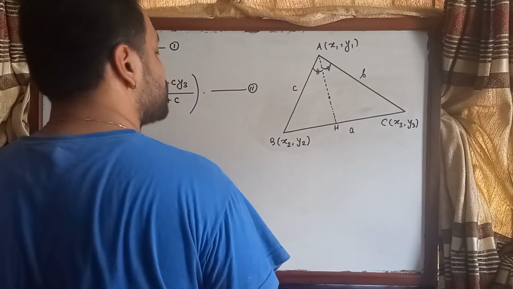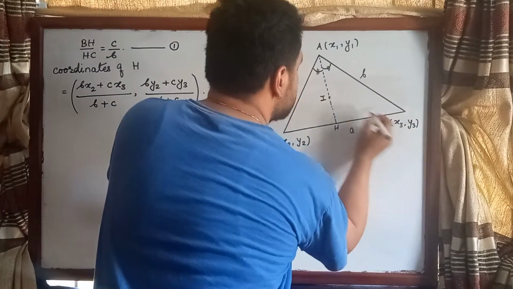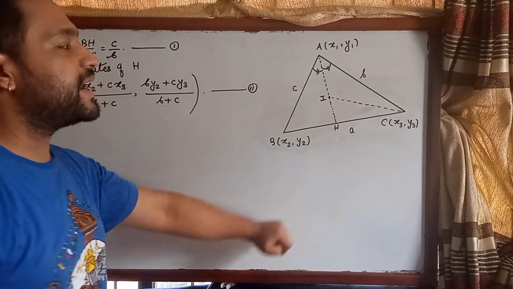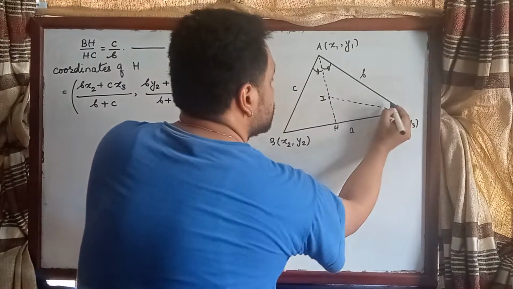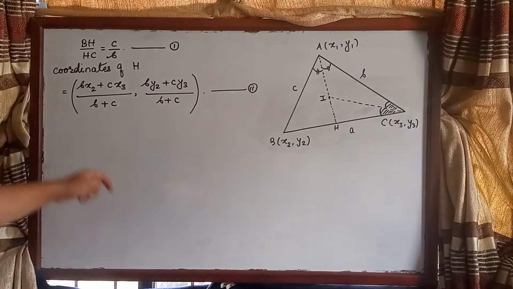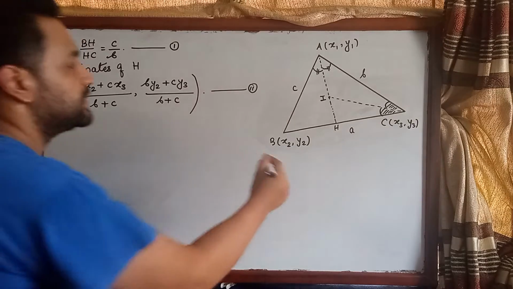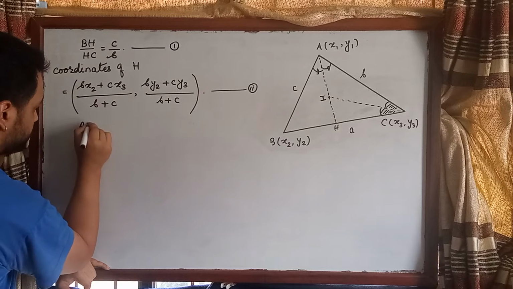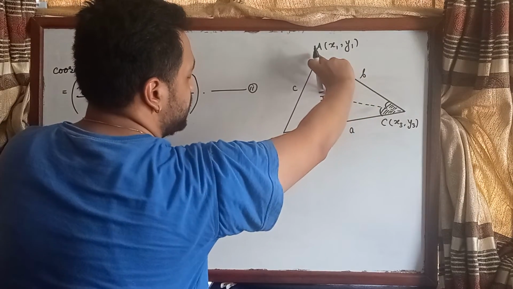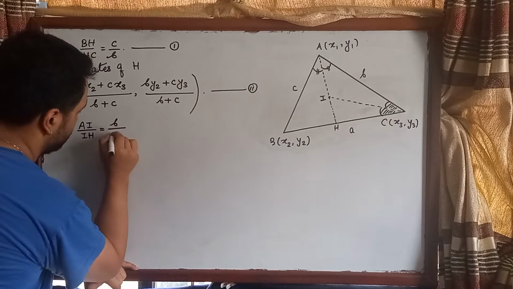All right, so let's see, if I join CI like this, then since I is the incenter, this angle will be equal to this angle, and the same property which gave us this will give us that AI over IH is equal to B over HC.